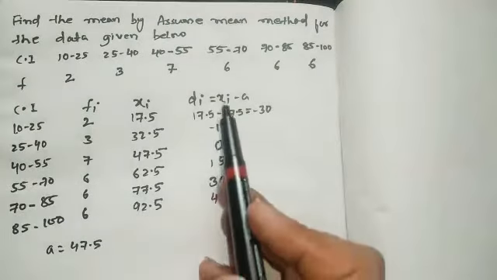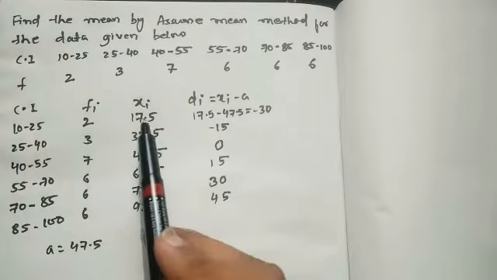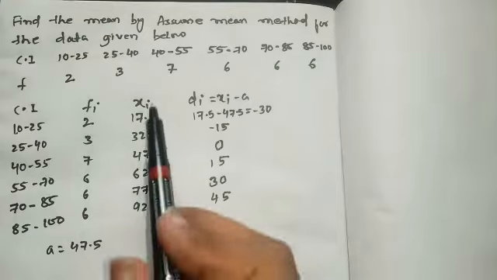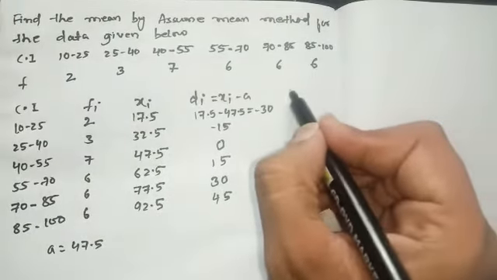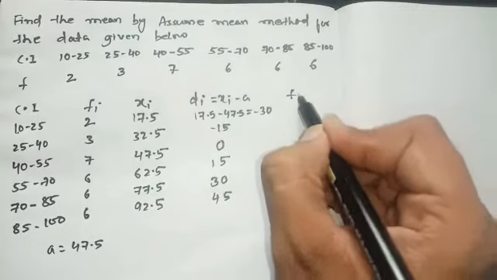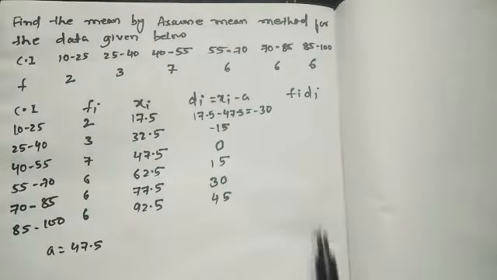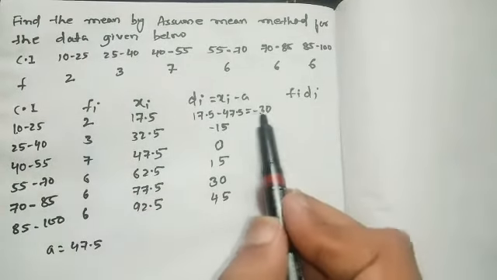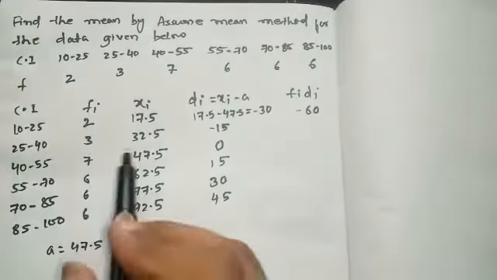This is how we find the values of di. We just subtract from xi whatever we assume. Then the last column will be fi into di for assume mean method. Now we have to multiply. 2 into minus 30 will give you minus 60.